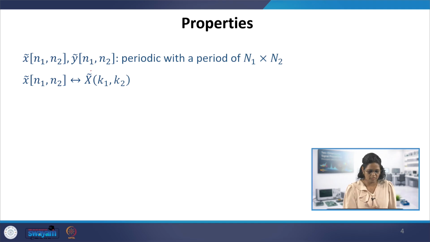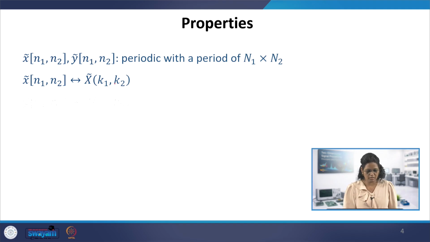You can note down that the x in the Fourier domain, or in the frequency domain, we represent as a capital X, where k1 and k2 are the frequency indices, and n1 and n2 are the time indices. Small x is representing the signal in the time domain, and we also use the square bracket to represent it in the time domain, and the parenthesis for the frequency domain.